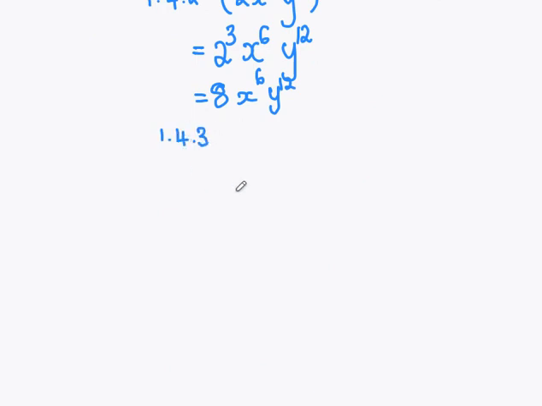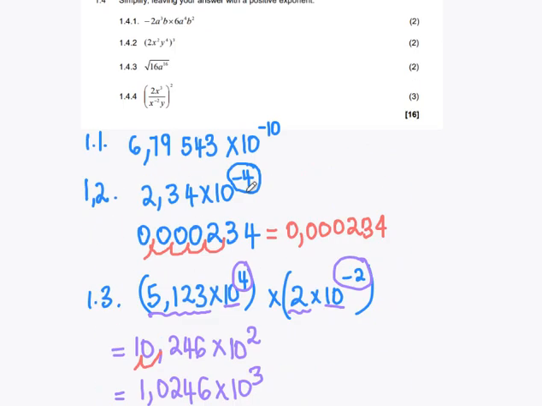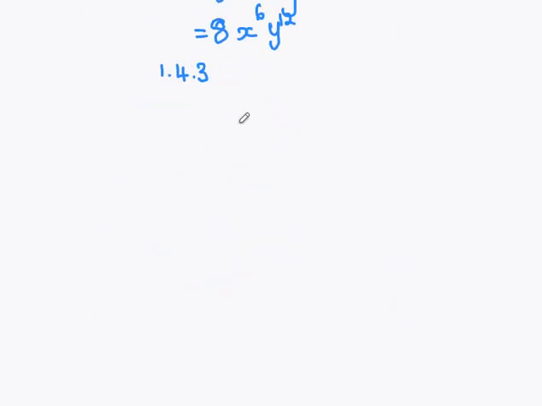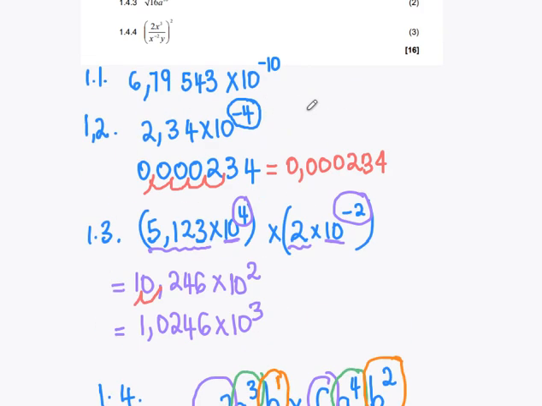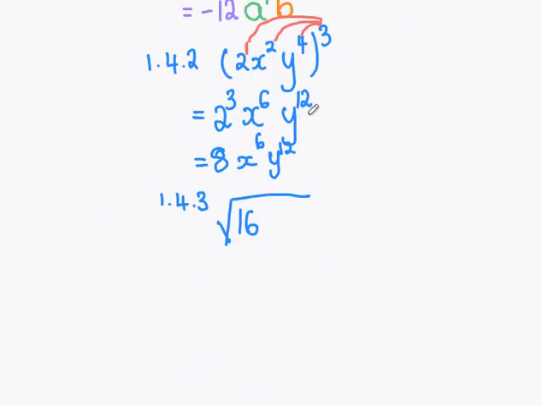1.4.3. It is the square root of 16 with a to the power 16. Remember, the square root of a product is the product of the square roots.